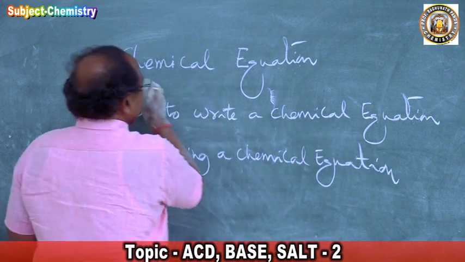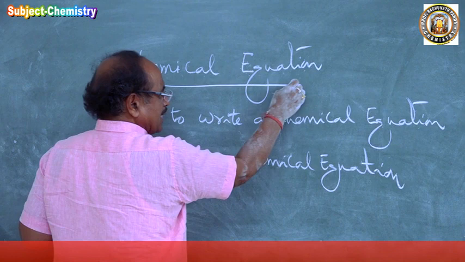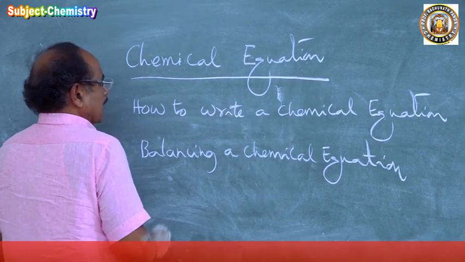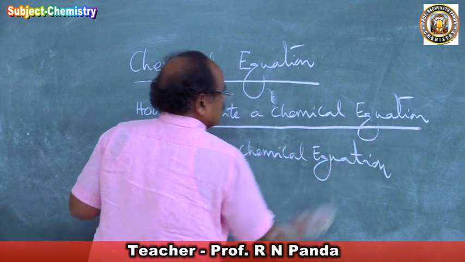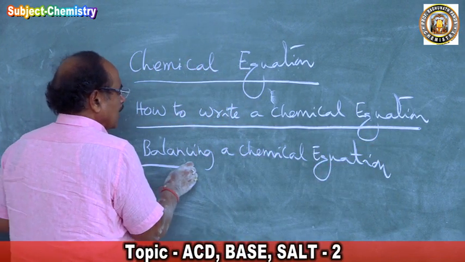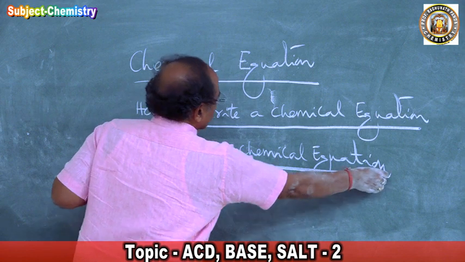So first we'll read what is a chemical equation, then we will study how to write a chemical equation, then we will learn balancing chemical equations.